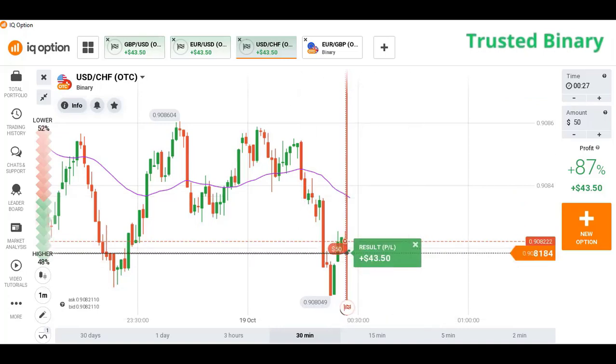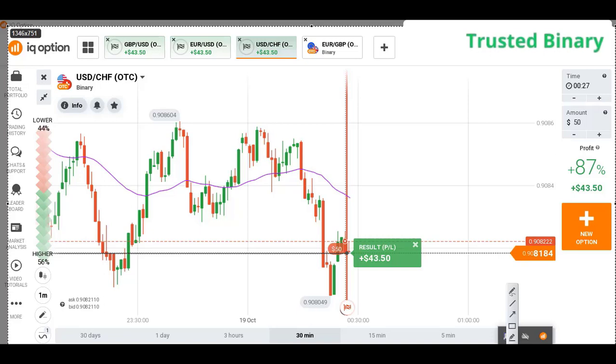So this is my another winning trade. I am explaining here the reason for taking the trade. I actually took my trade because of this level.